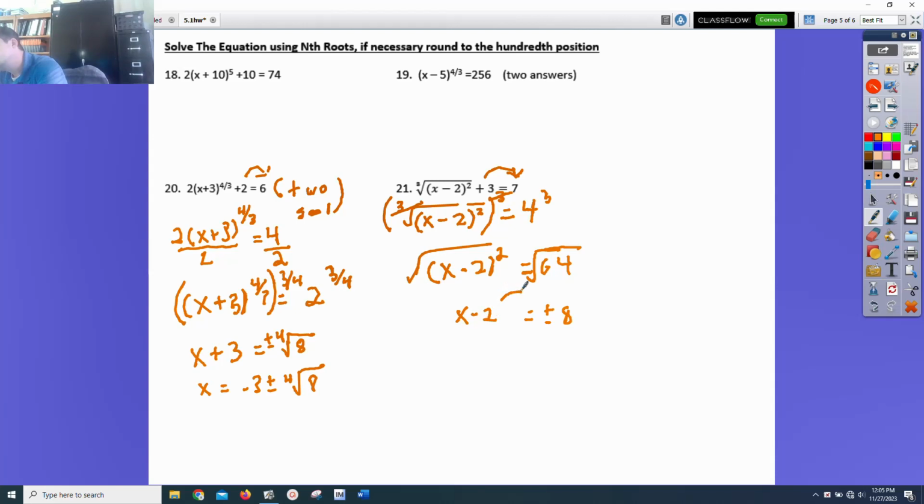Now all I need to do is shift my 2 over. So x is, you ought to be able to keep up with me now, 2 plus 8, or 2 minus 8. 2 plus 8 is 10, or negative 6.